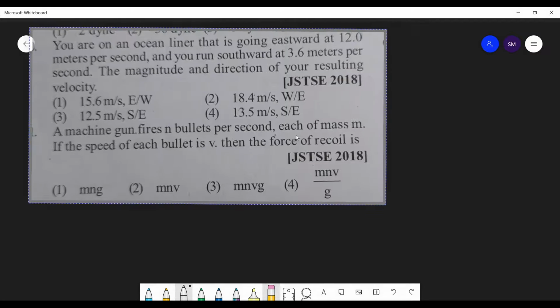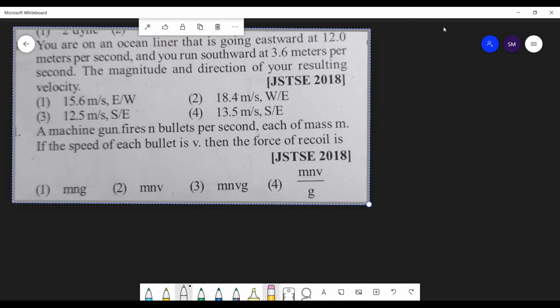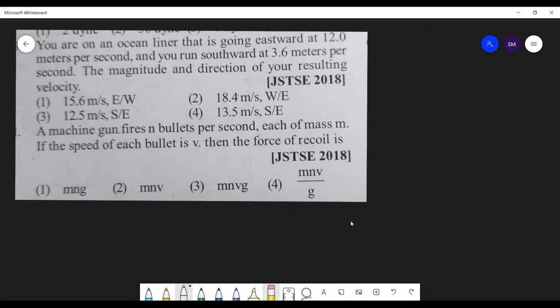So that's the next question, that you are on an ocean liner, that's a ship, and the ship which is sailing is going eastward, so it is going in the east direction with a speed of 12 meters per second, and you run southward at 3.6 meters per second.